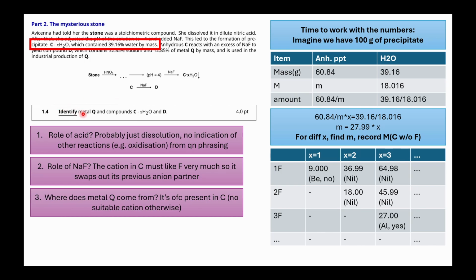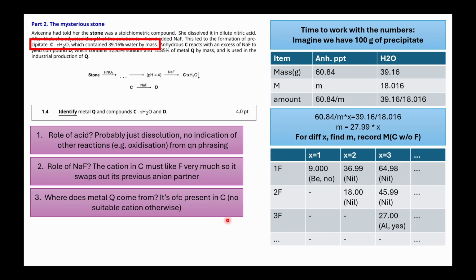So yeah, metal Q might be aluminium, and we're going to see whether that makes sense. We have aluminium and we have three fluorines attached to it, so that gives us AlF3, which makes sense because aluminium forms three bonds, and it likes fluorine. So AlF3 makes sense.